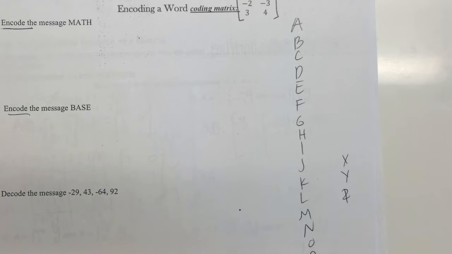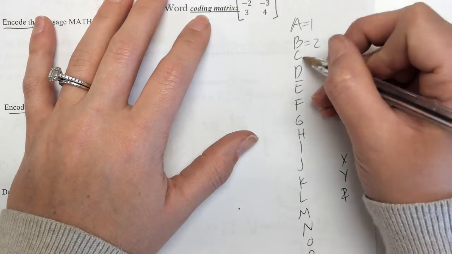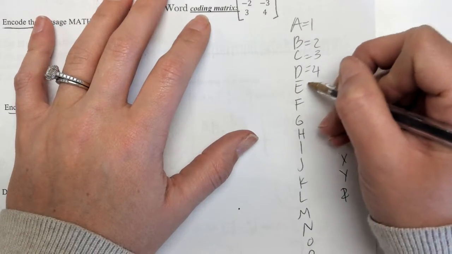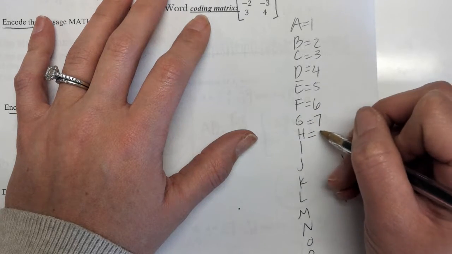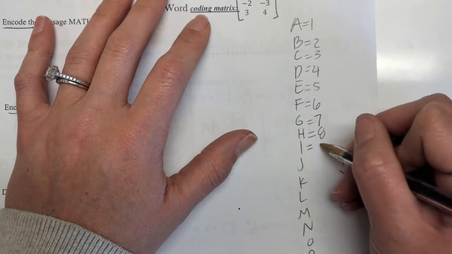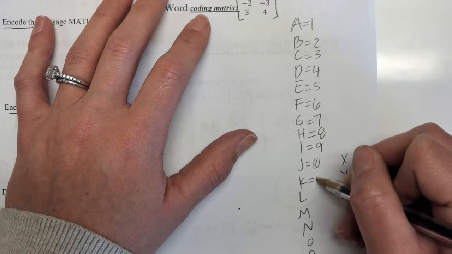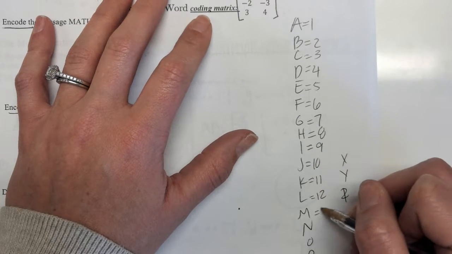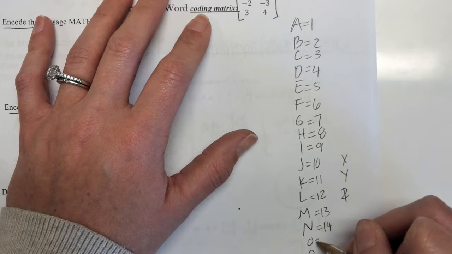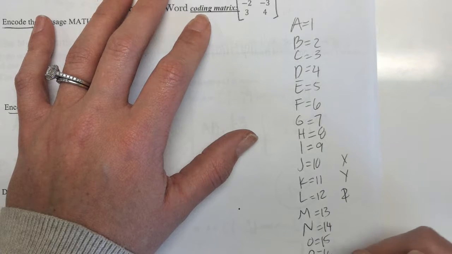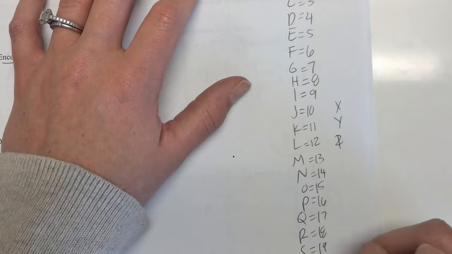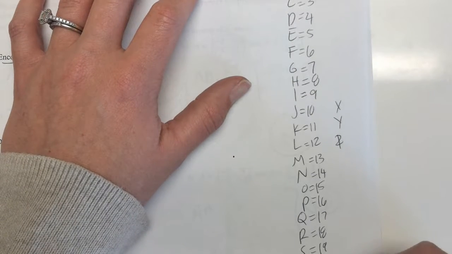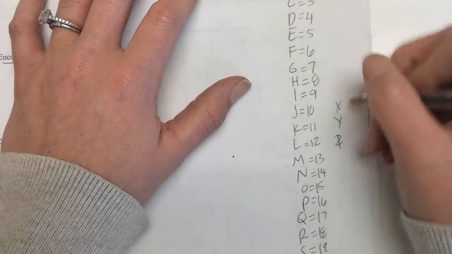They're pretty fun. I think they are. So A is going to be 1, B is going to be 2, and so forth. Trust me, you'll need to write this down, especially for tomorrow when you will not have me up here telling you what letter is what. I'll give you a minute to do that.